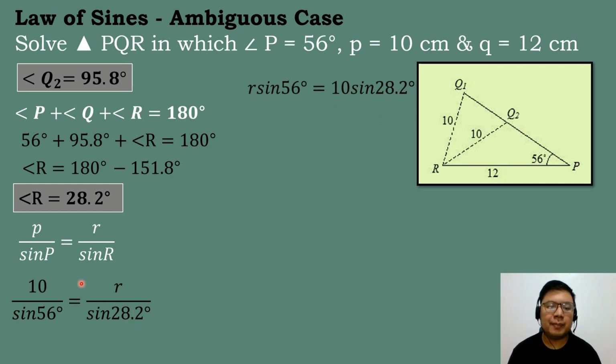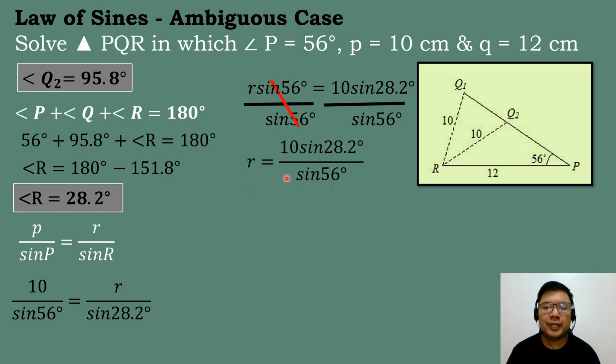Then cross multiply. 10 times sine 28.2 degrees is 10 sine 28.2 degrees. Sine 56 degrees times r is r sine 56 degrees. Then divide both sides by sine 56 degrees, so this will be cancelled out, and r will be equal to 10 sine 28.2 degrees over sine 56 degrees.